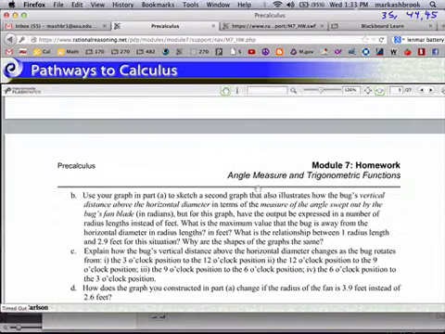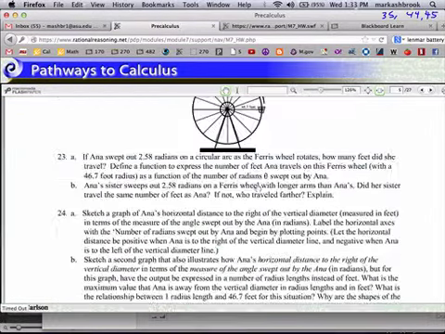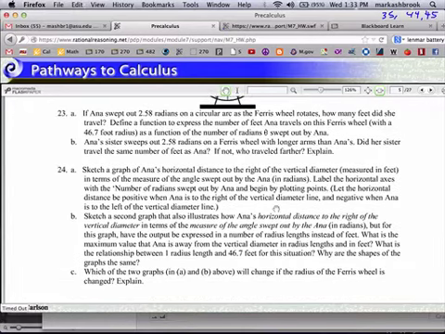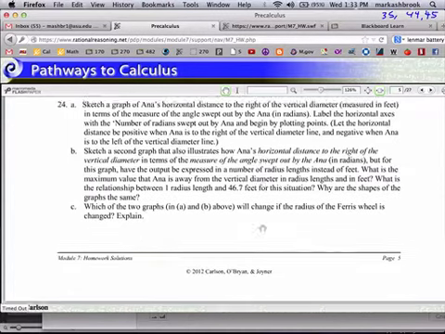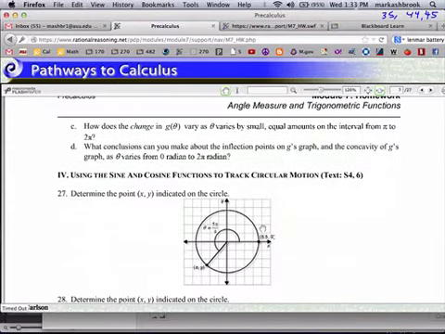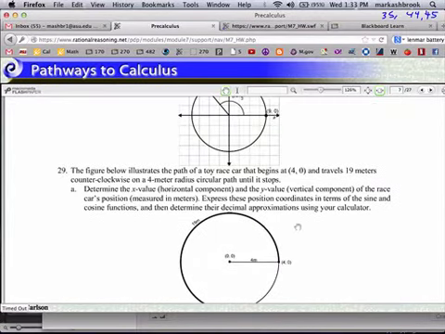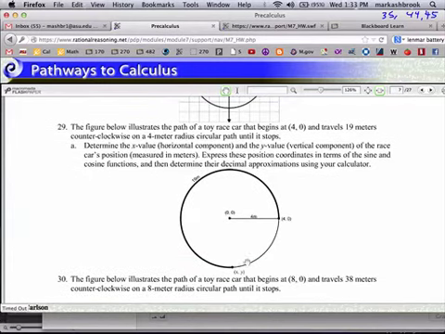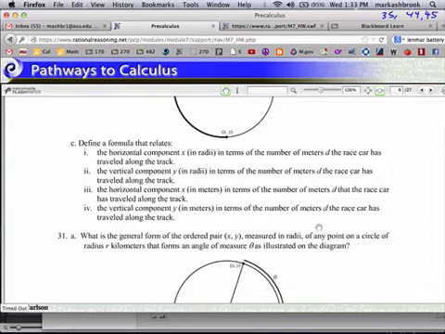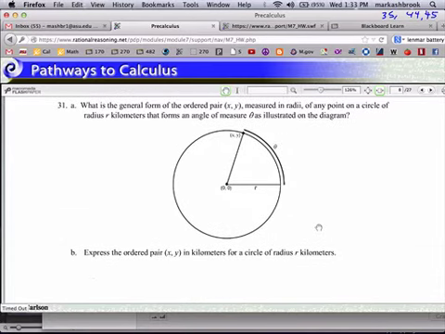So, 24, you were sketching horizontal distance on the Ferris wheel, horizontal distance measured in feet and then measured in radius lengths. 29 was the toy race car, the coordinates of the final position of the toy race car. 31 was kind of a general coordinates for any circle with any radius.